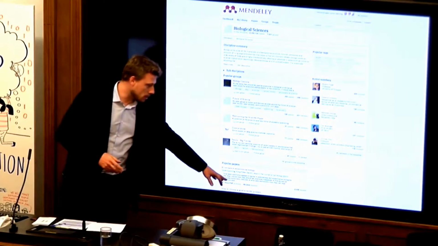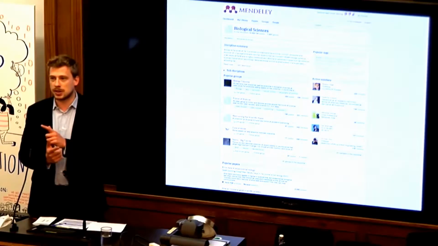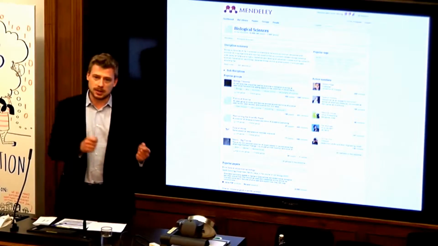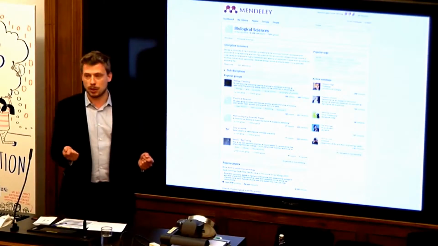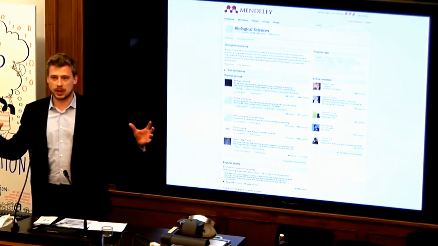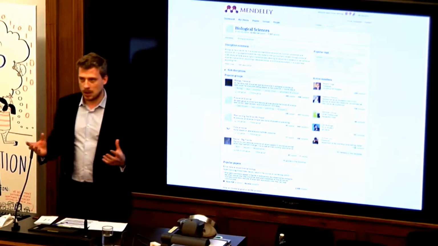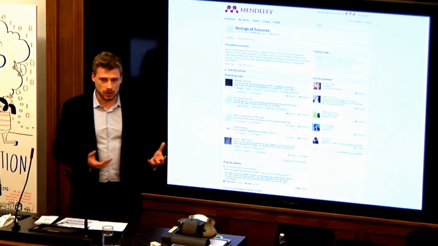You can see the most popular papers based on the number of readers. You might actually turn this around and say, I want to find out what is the least discussed paper given a specific keyword. So it's not only about popularity, but about surfacing the social layer that is going on in academia, where we previously didn't have any infrastructure to support it.